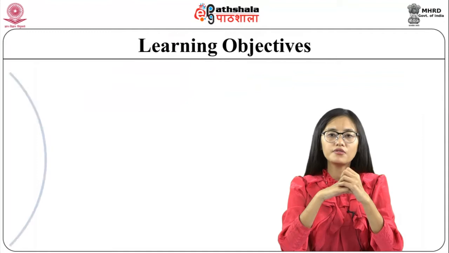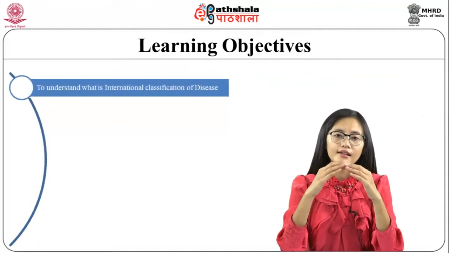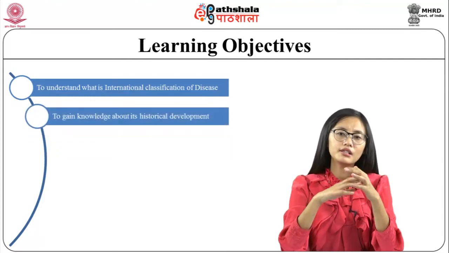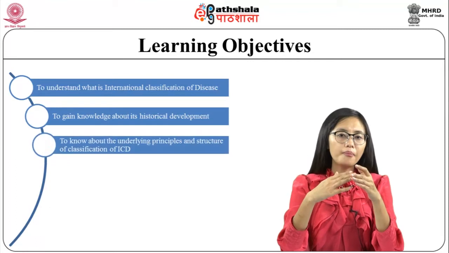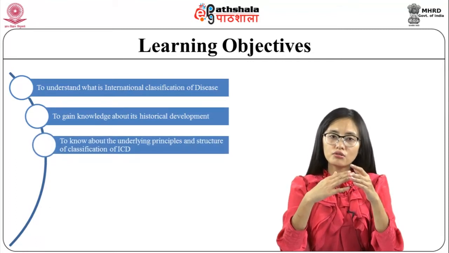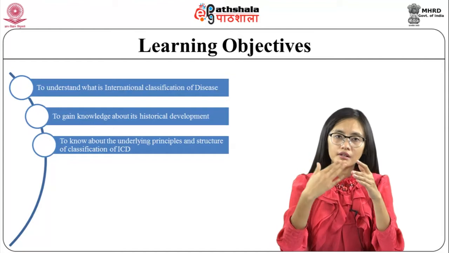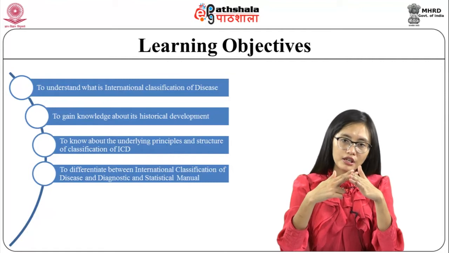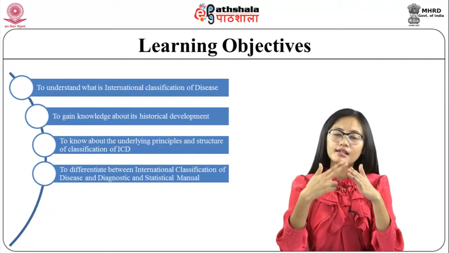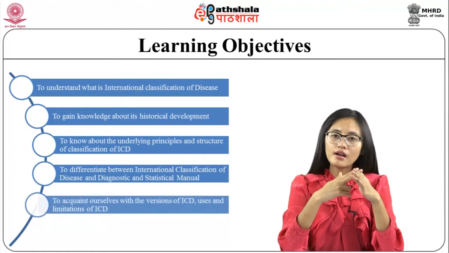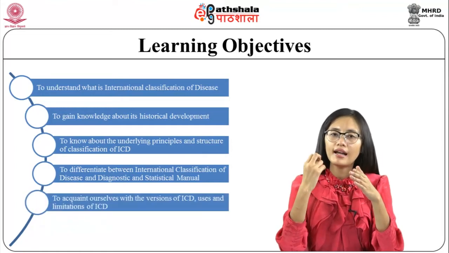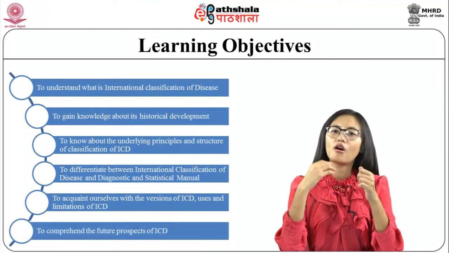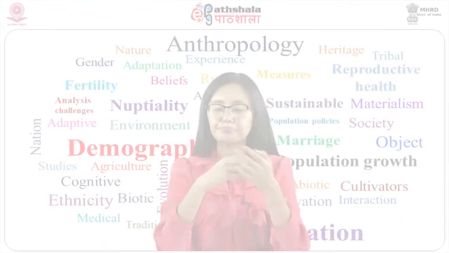Well, the learning objectives of the module are to understand what is international classification of diseases, to gain knowledge about its historical development, to know about the underlying principles and structure of classification of international classification of diseases, to differentiate between international classification of disease and diagnostic and statistical manual, to acquaint ourselves with the versions of ICD, uses and limitations of ICD, to comprehend the future prospects of international classification of disease.